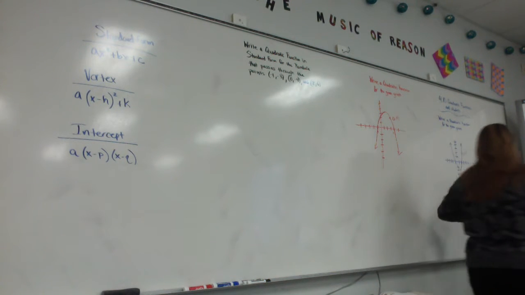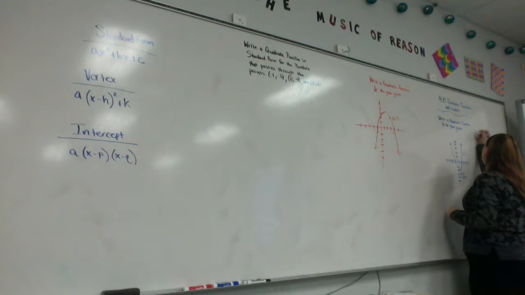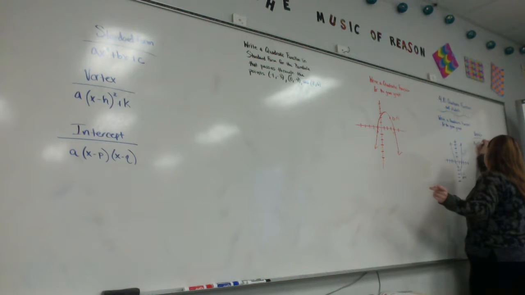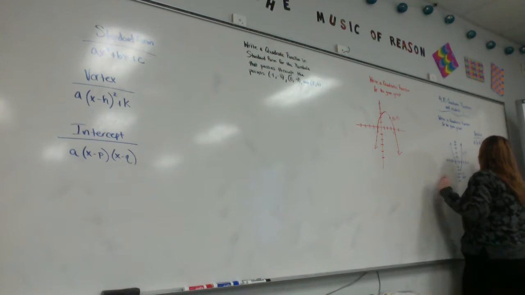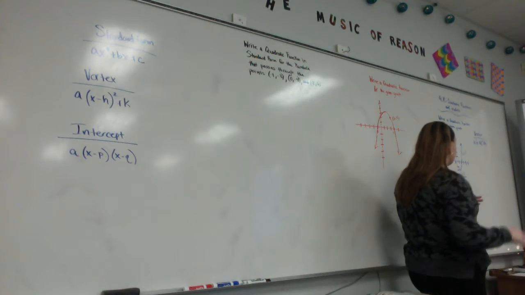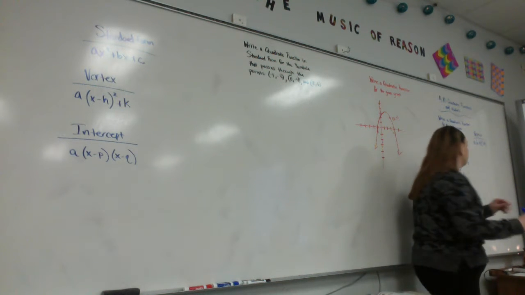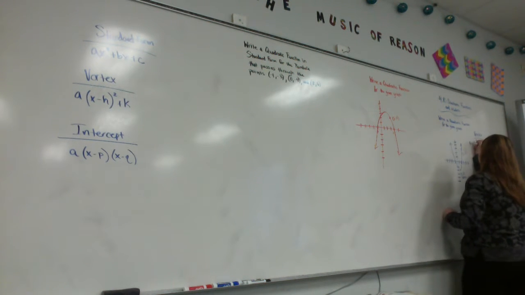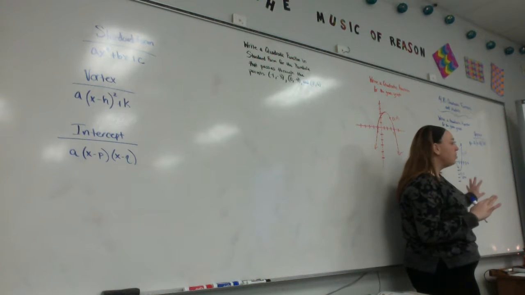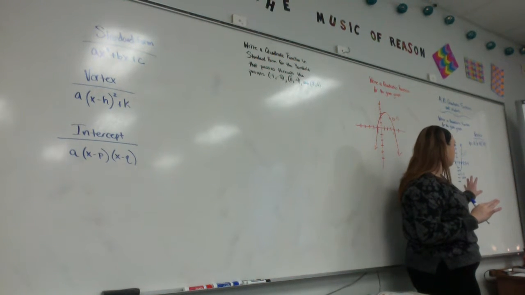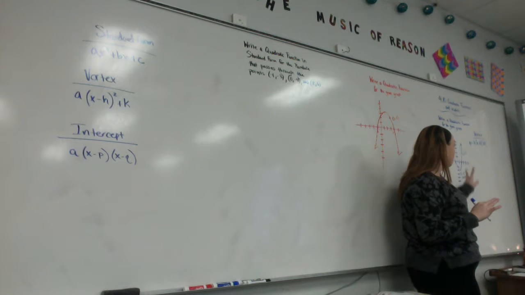In vertex form, you told me what it was: a times (x minus h) squared plus k, correct? Okay, so let's start by plugging in what we know. It should say y equals, right? We know the vertex, so where do I plug that in?